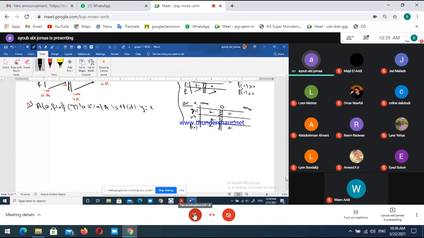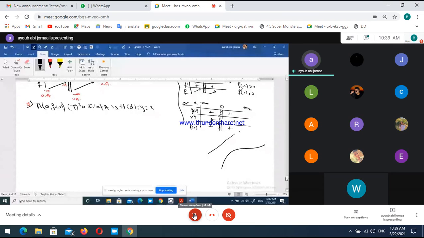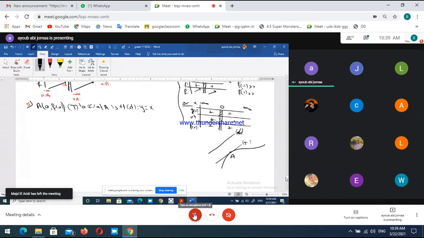So the tangent line, here is a small figure: this is the curve, and you have a straight line D. You have to find the point at which the tangent line, at this point A, and this straight line D should be parallel. The tangent line at A and the line D are parallel.